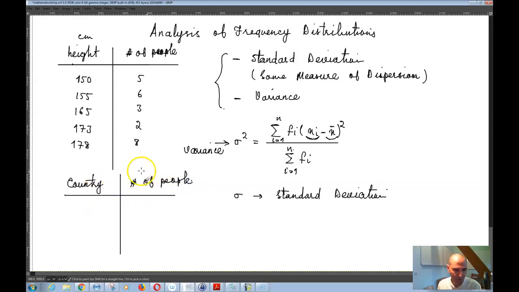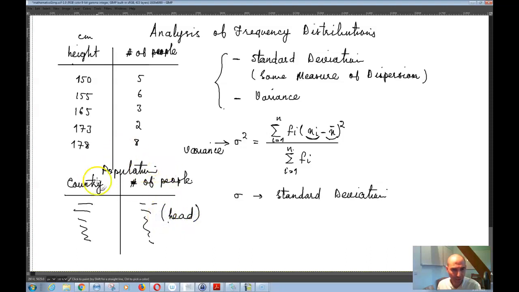So then over here you are measuring the population of some countries. Here you have different countries, and here you have different populations, and here the unit is most probably, for example, head.